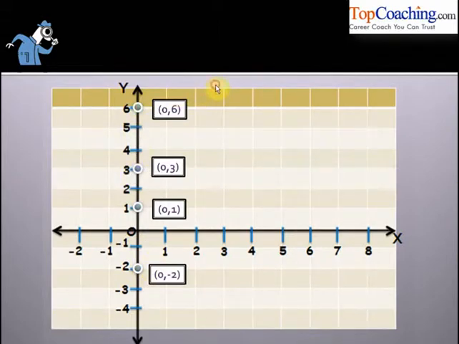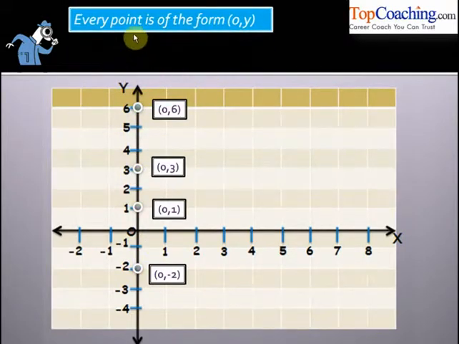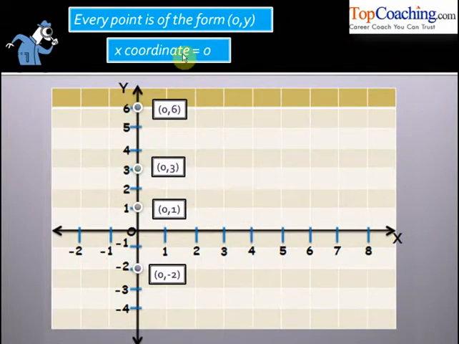Also, what we observe here is that every point is of the form (0, y), where the x coordinate of all these points is equal to 0. So all the points (0, -2), (0, 1), (0, 3) and (0, 6) have the x coordinate equal to 0, and all these points lie on the y-axis.